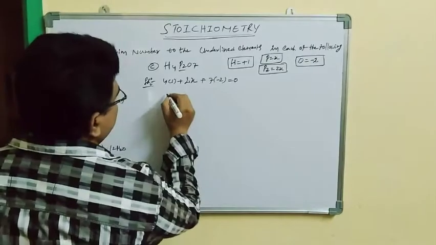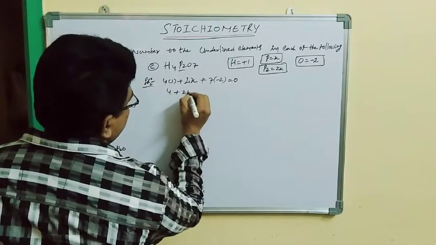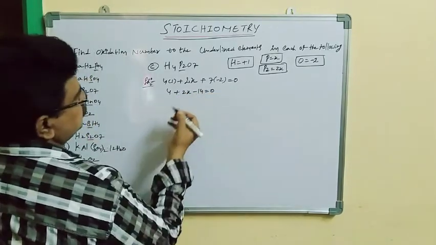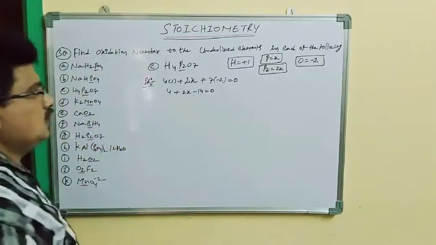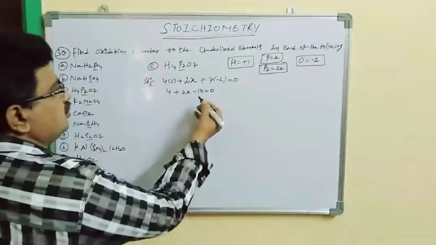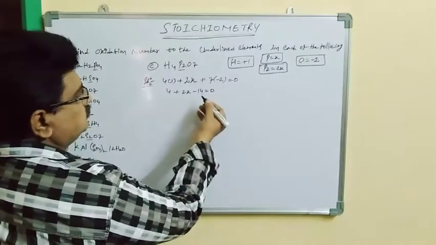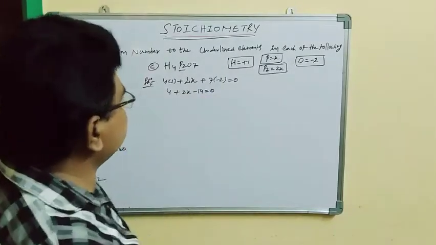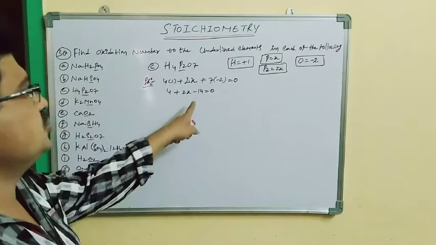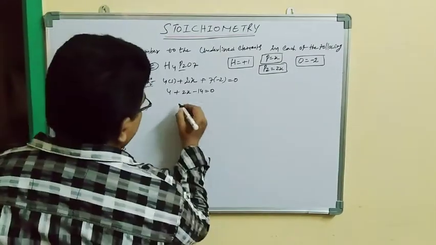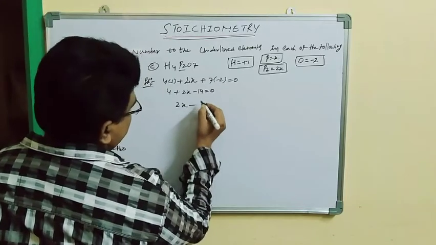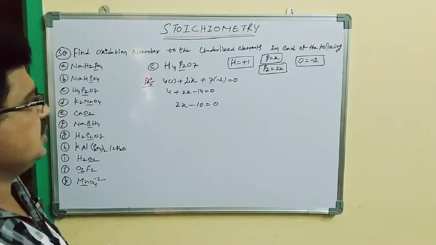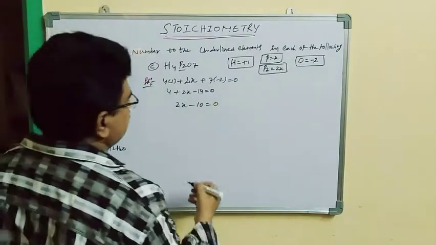I am simplifying this equation: 4 plus 2X minus 14 equal to 0. Plus 4 minus 14 means minus 10.